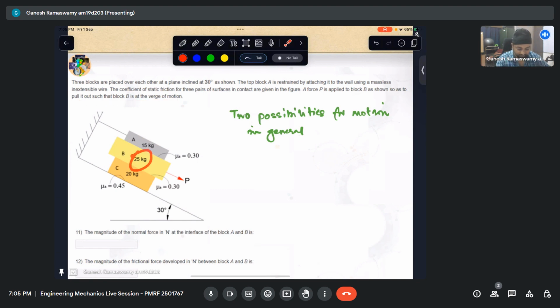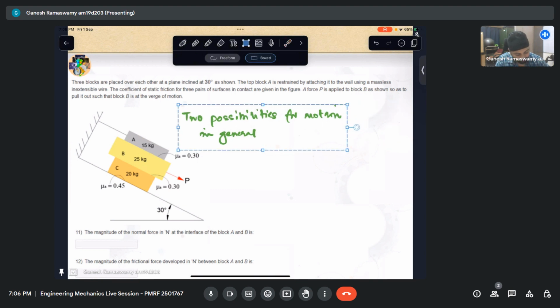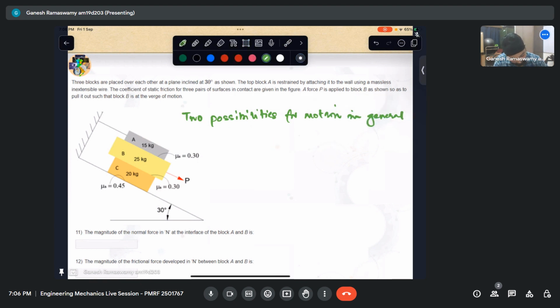If it was not given, let us see what will happen. There are two possibilities of motion in general. One, box B alone pulls out.